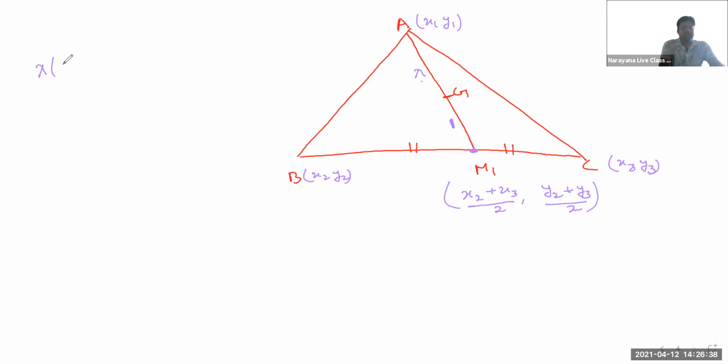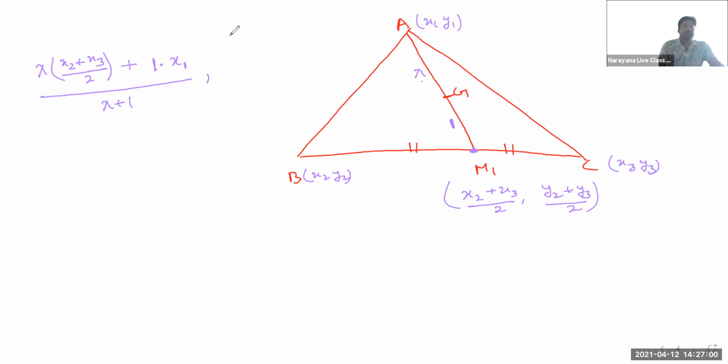Lambda times of the x coordinate of M1, x2 plus x3 divided by 2, plus 1 times of the x coordinate of A, divided by lambda plus 1.